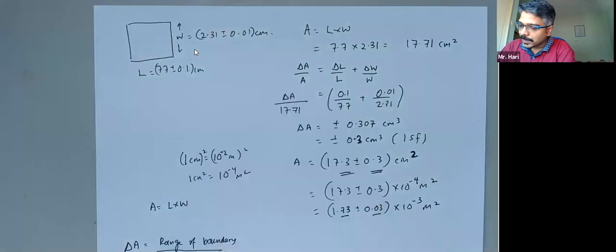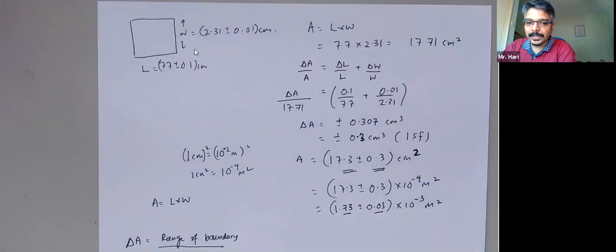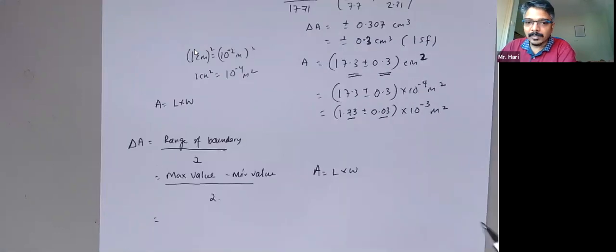So in this case, the area is length times width. So maximum value minus minimum value.